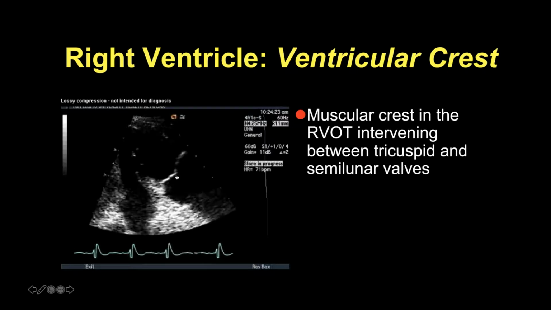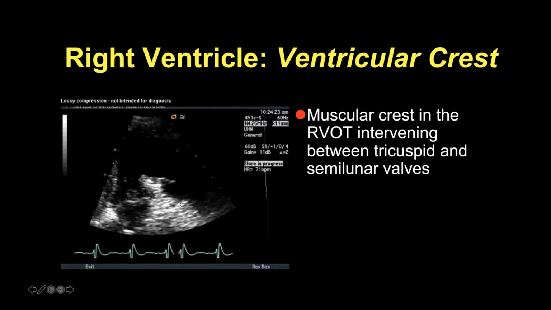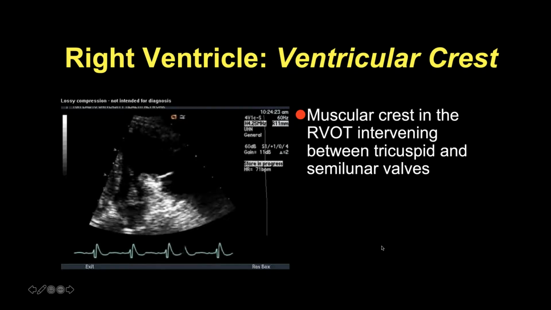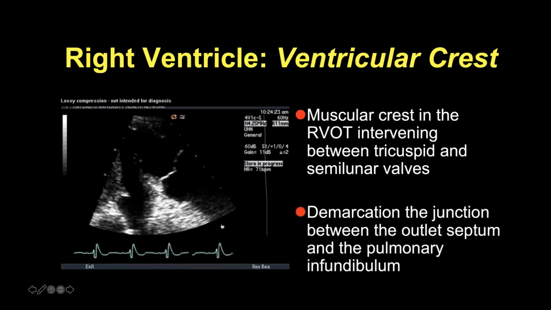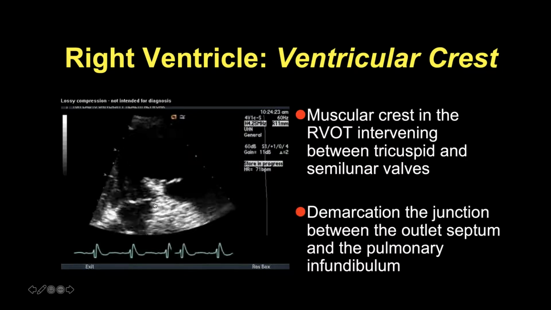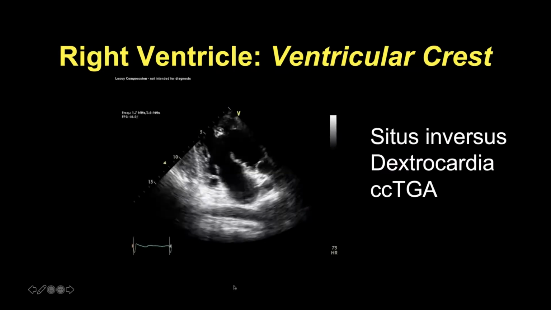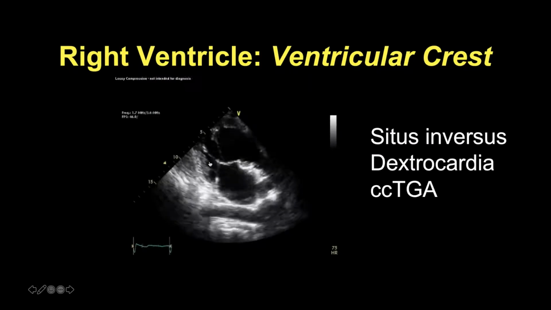I only know it's a semilunar valve, but I know that this is a tricuspid valve because of this ventricular crest. And this ventricular crest is also a demarcation junction between the outlet septum and the pulmonary infundibulum. So this is a patient with a situs inversus and dextrocardia and CCTGA.